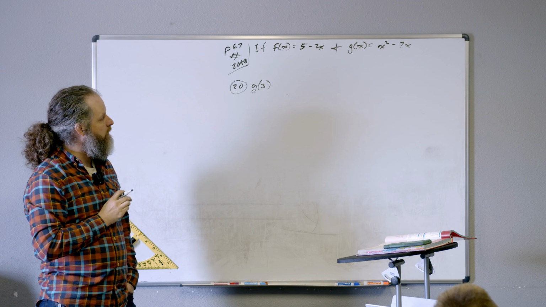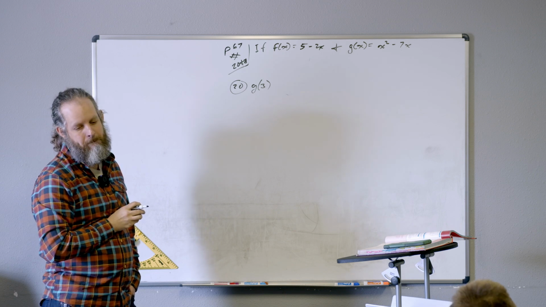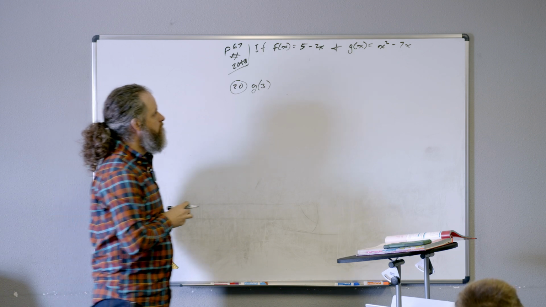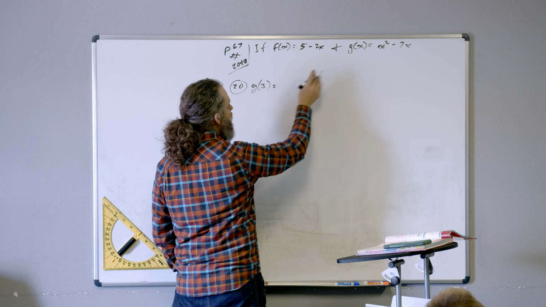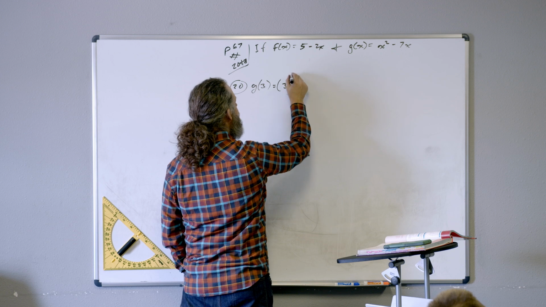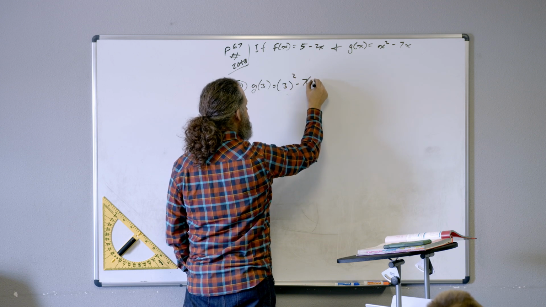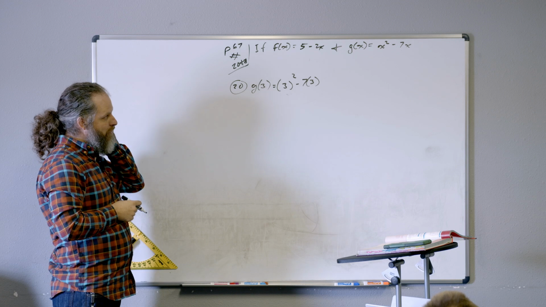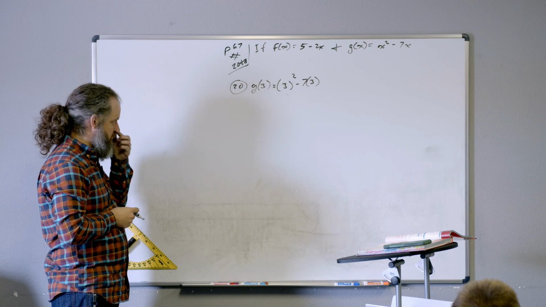So what do we do to do that? You would replace the x's with 3. So we change this to a 3 and change this to a 3, right? So now what would we do?